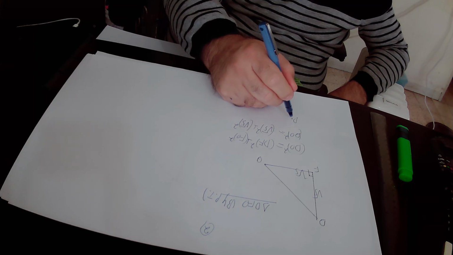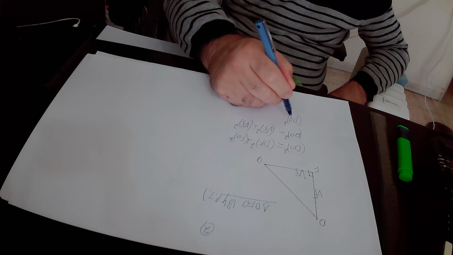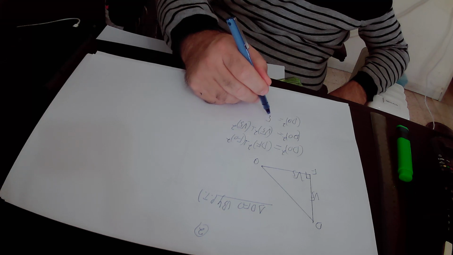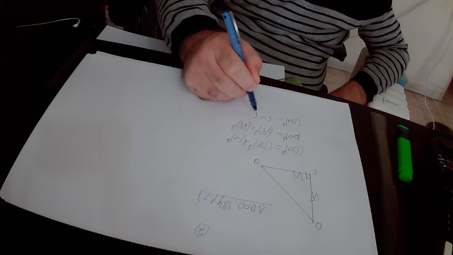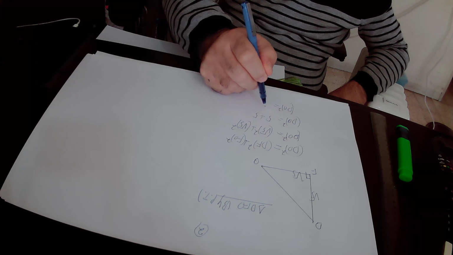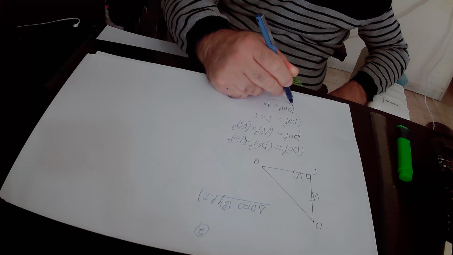So DO square, the square of the hypotenuse, equals the square root of 5 squared, which is of course 5, plus the square root of 5 squared, which is 5. So DO square is equal to 5 plus 5, that is 10.